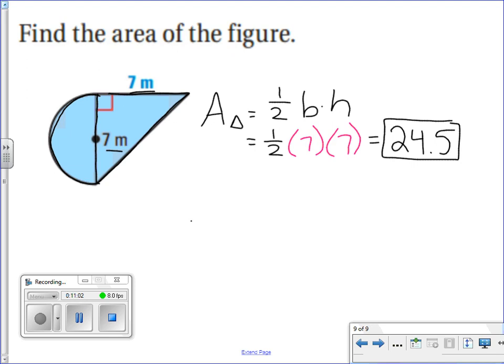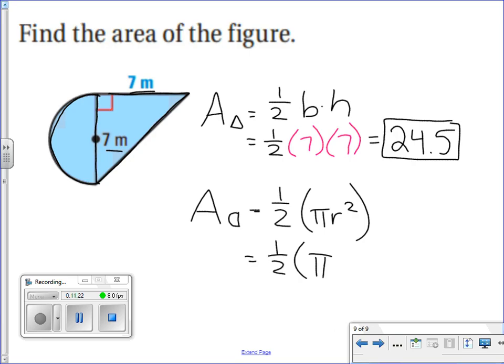Next, I need to find the area of the semicircle, which is going to be 1/2 times the area of a full circle, pi r squared. Well, 1/2 times pi. I need to figure out what the radius is. If I look at my circle, what I'm highlighting right now is actually the diameter, which is 7.